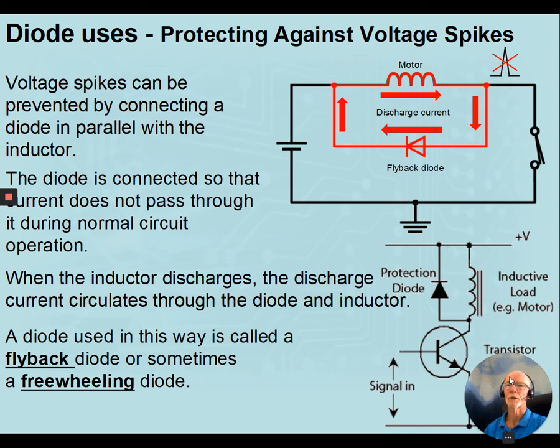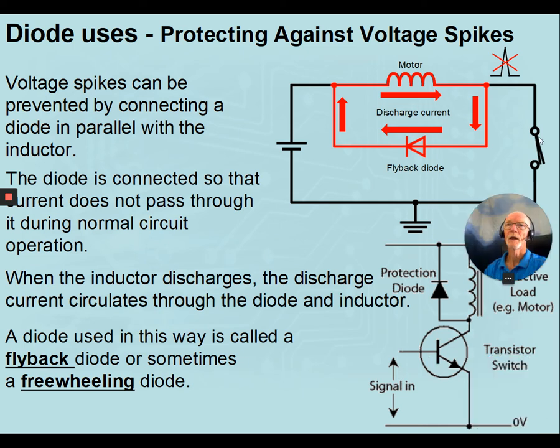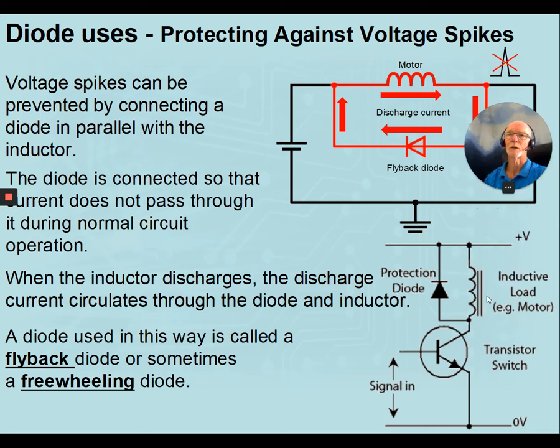This is particularly important when we are looking at other semiconductor devices like transistors, and we want to protect them from these high voltage spikes, especially inductive loads like motors and solenoids, which they often control.